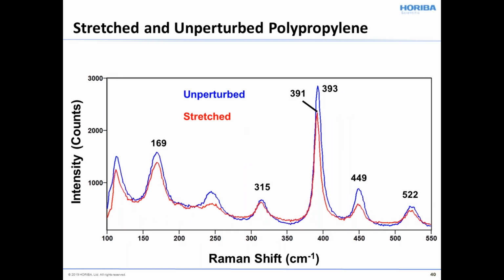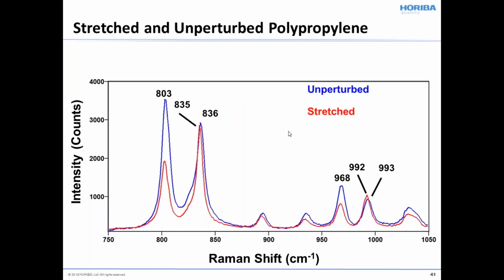So I just want to quickly go through from the low to the high region of the spectrum blown up. Here you see a shift to 391 wave numbers, so it shifts to lower wave numbers as you might expect for the stretched polymer, because as you stretch the polymer, you're essentially pulling the bonds apart, and so some of the vibrational modes will be sensitive to that, and so you see a change not only in the relative intensity, but the peak position commensurate with the stretching of the bands.